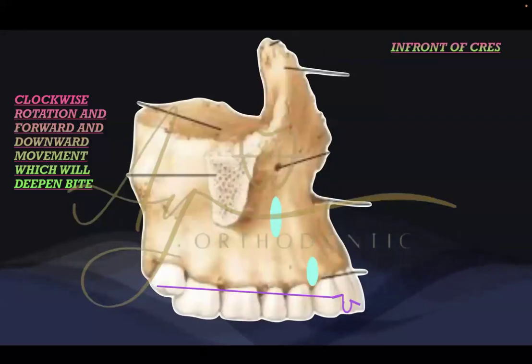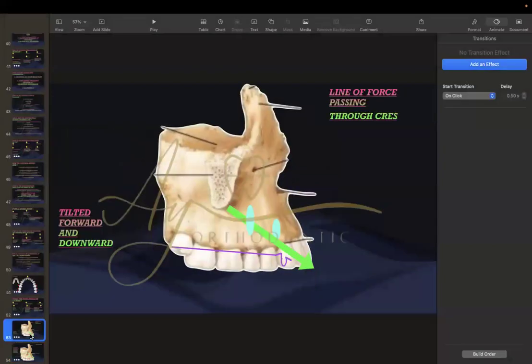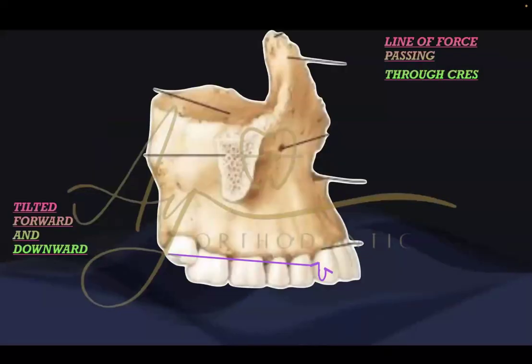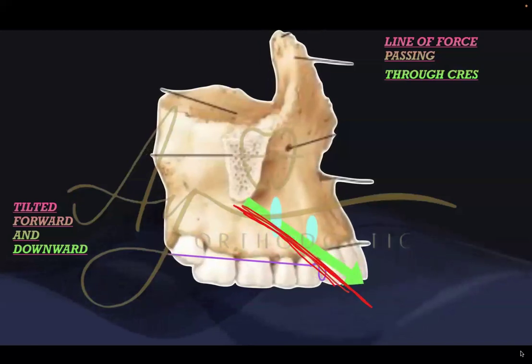Just a second, I want to show you something first. The hook here was near the center of resistance, right? If I apply it here, it's near. The second one will be anterior to the center of resistance.